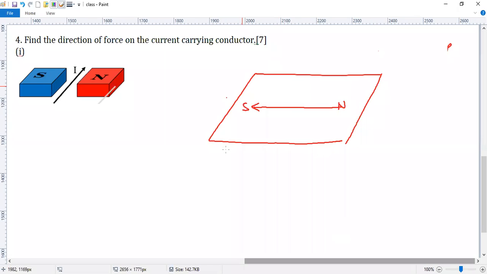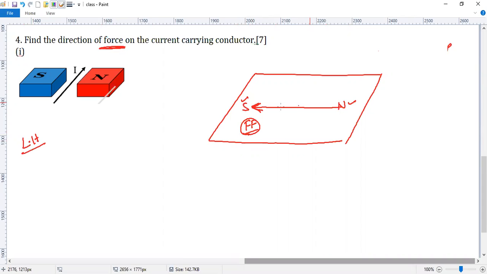See, this is a plane of paper, and as per the diagram given, north is here and south is here. So magnetic field lines will always point from north to south. This is pointed by the forefinger, because to find the force we'll be using Fleming's left hand rule, and in the left hand rule the forefinger represents the magnetic field.